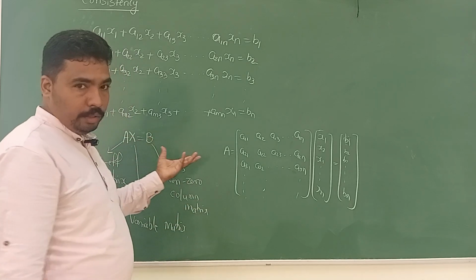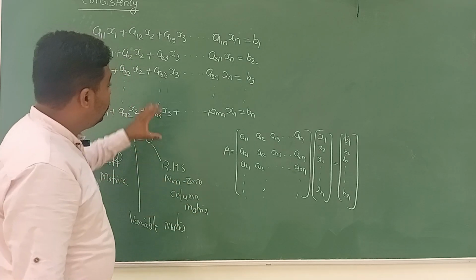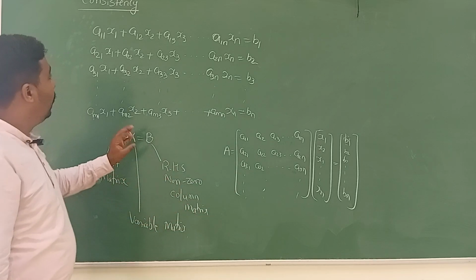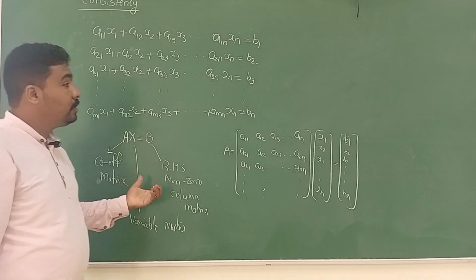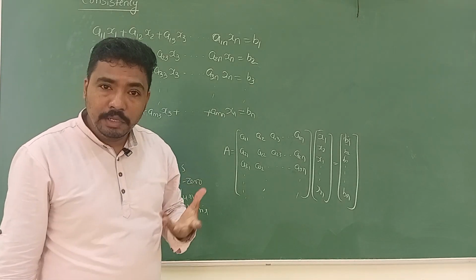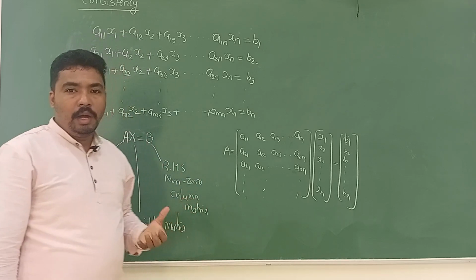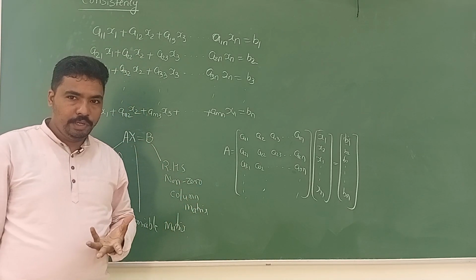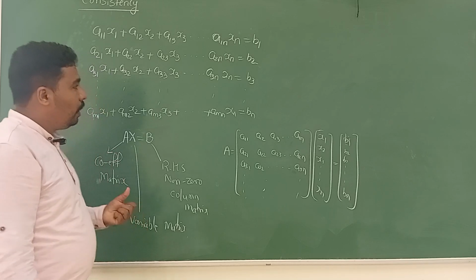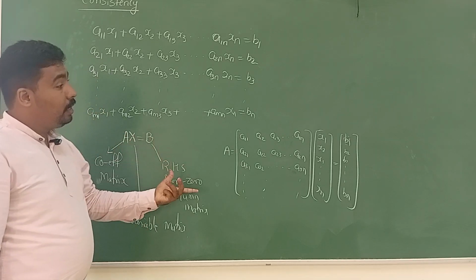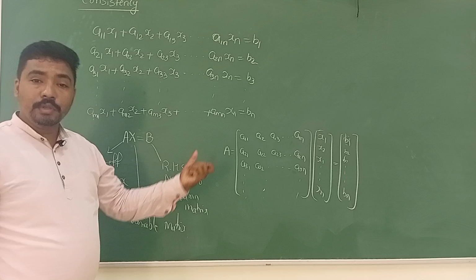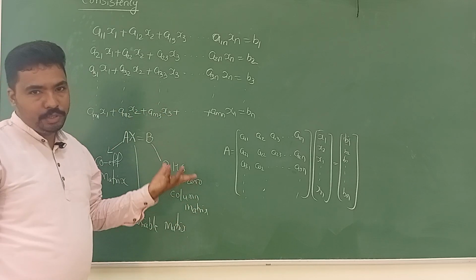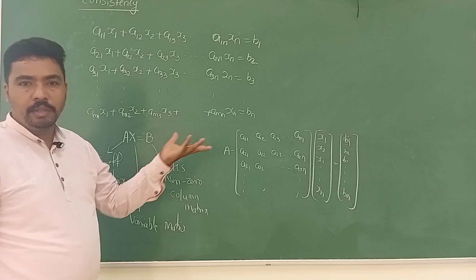So if any system of equations possesses a solution, we say that the system is consistent. Otherwise, the system of equations is inconsistent. If they are consistent, they must possess some solution. Now what type of solution do they have? That we are going to discuss in this session.